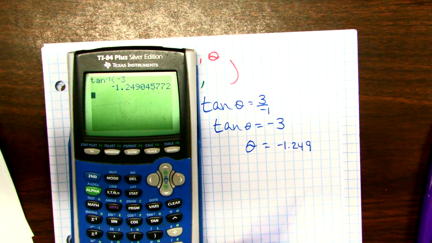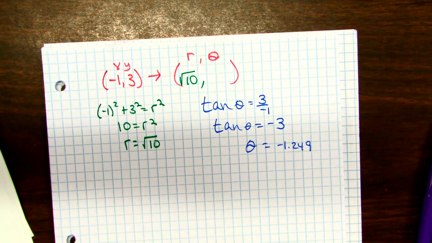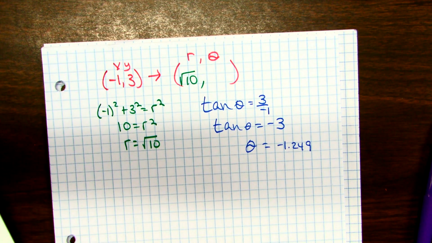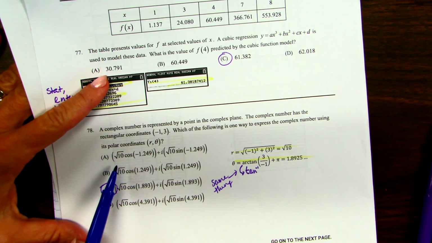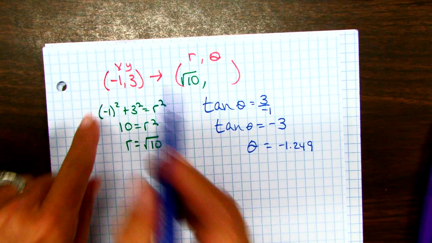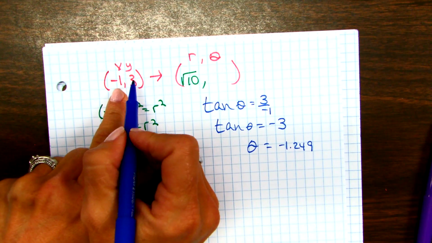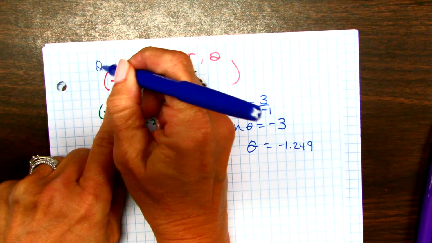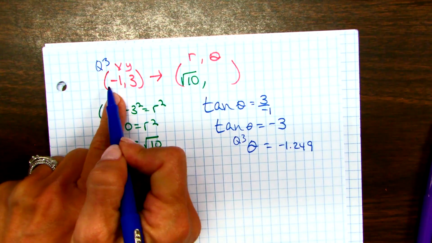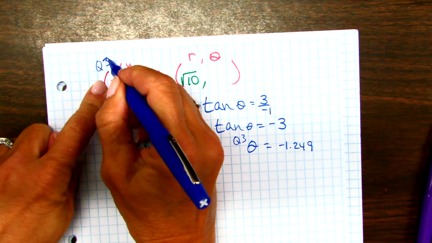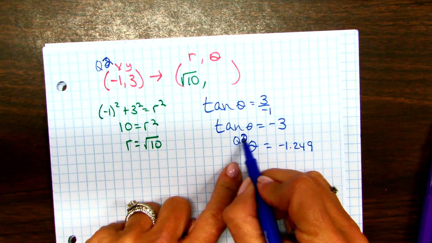-1.249. But stop and be careful. Glad you asked about this one, Quentin. Remember, be careful because that answer is here, and that's the wrong answer. Your rectangular point is in quadrant 3. That means this one has to be in quadrant 3, right? To the left one, up 3 is quadrant 2. Sorry, quadrant 2. So this one has to be in quadrant 2.